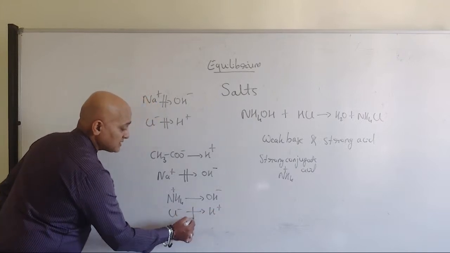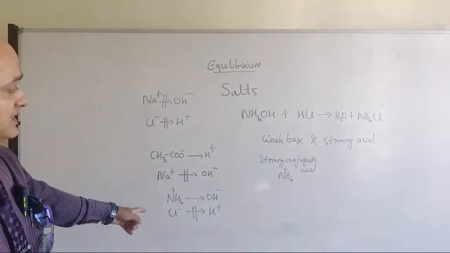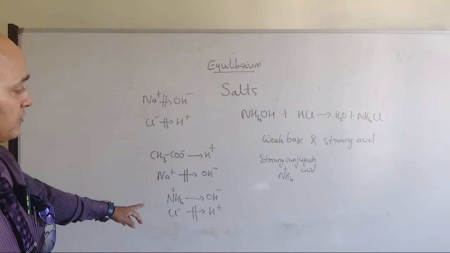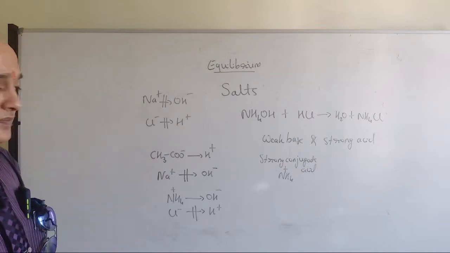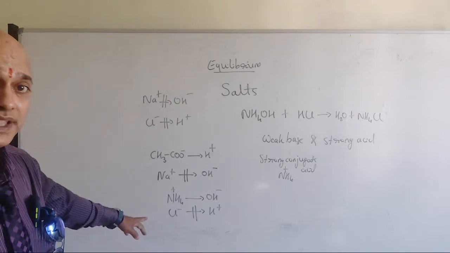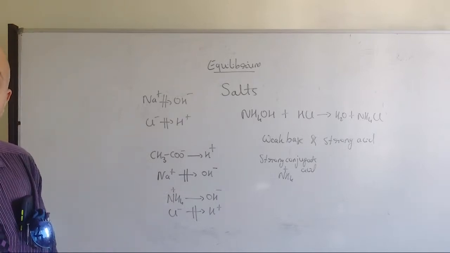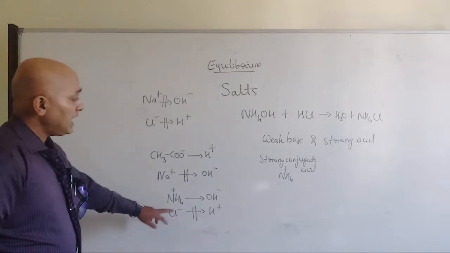Cl minus is not going to take up the H plus. Why does it not take up the H plus? Because it's a weak conjugate base. But ammonium will take up the OH minus because it's a strong conjugate acid. So due to that, what will happen?